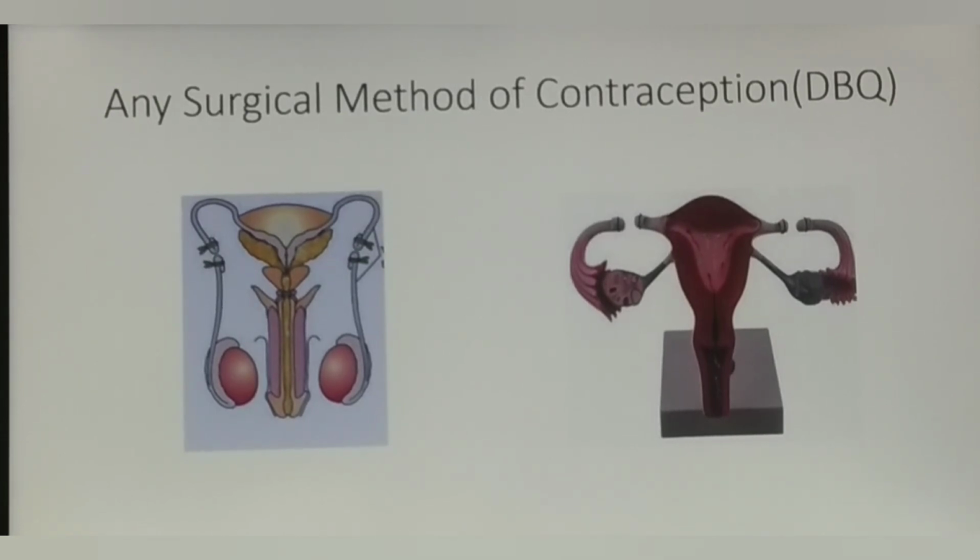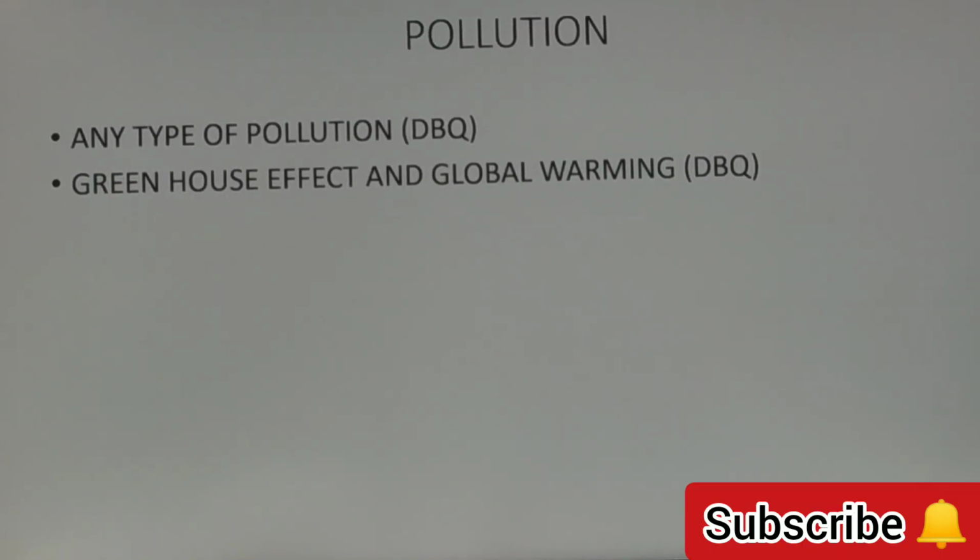Here the fallopian tube or the oviduct is cut and it is tied with a nylon thread. So study the figure, identify it neatly, and then answer the question. If diagram based questions come, I am telling you again and again, it is easy to score marks for such questions. Now coming to the last chapter of this session, that is pollution.